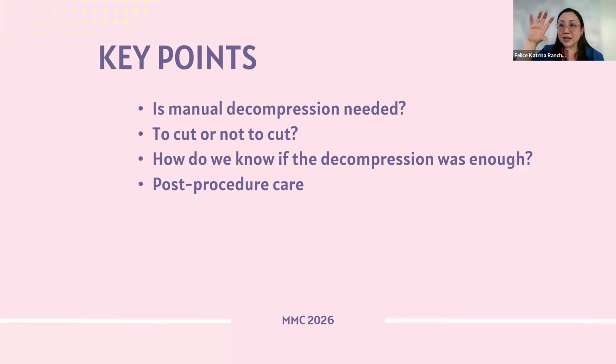And there can be improved motion of the pupils. RAPD will not go away very quickly, so that's not usually a benchmark for successful decompression. But the patient should have some improved motility, some improved constriction of the pupils.